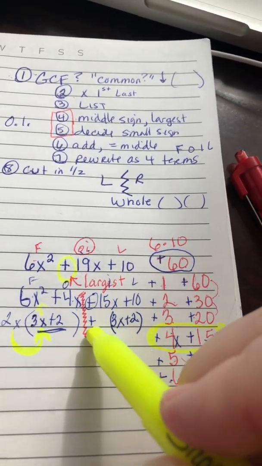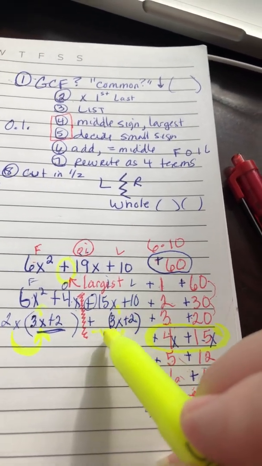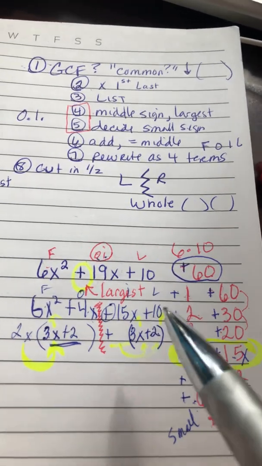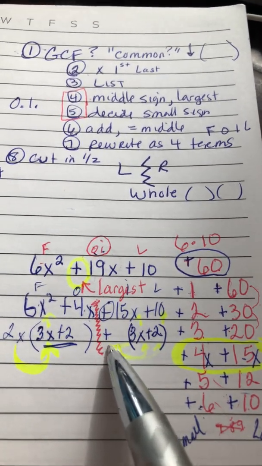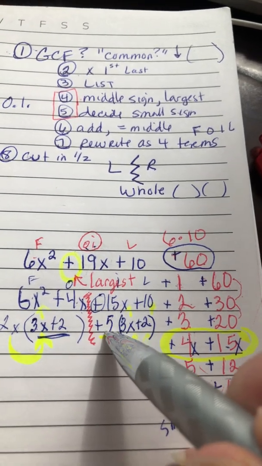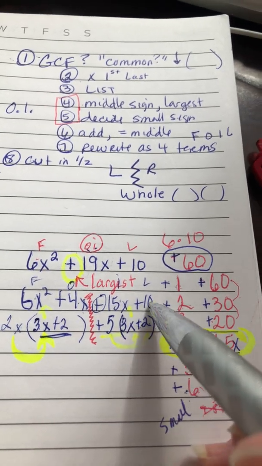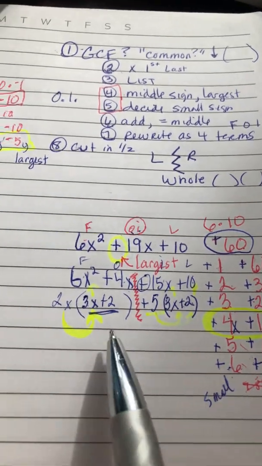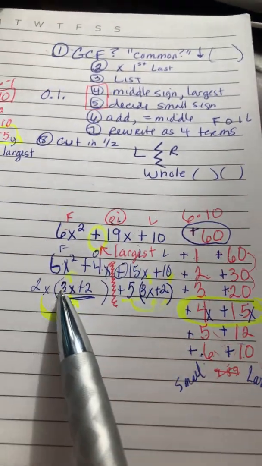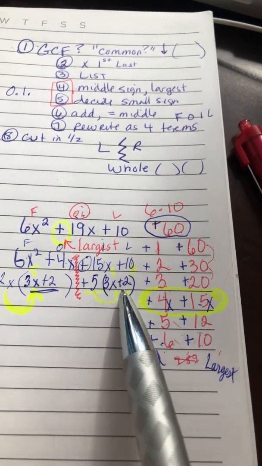Whatever was out here has to multiply with whatever's in here in both and take you up to the top. So my question then is, what times 3x will give me 15x? Well, 5 times 3 gives me 15. And then double check it. 5 times 2 does give me 10. Yep, okay. So that was what we did here, we did the left side, and that's where we got this. Then we did the right side. That's where we got this.